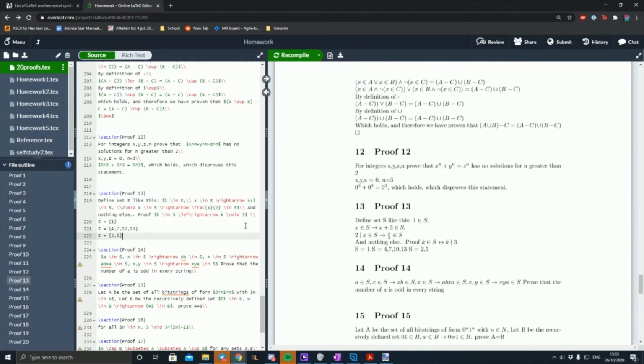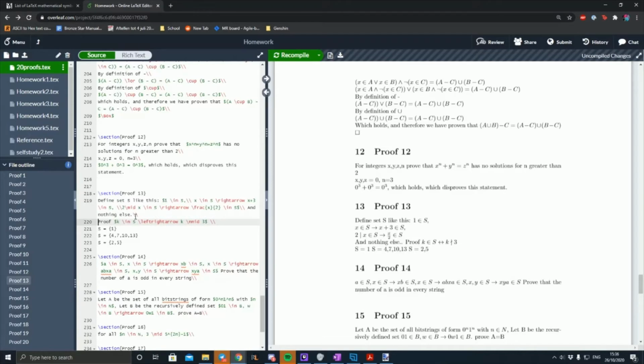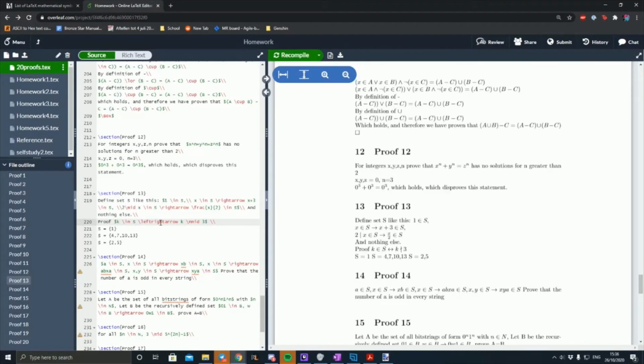So this basically contains all the numbers. Is that correct what I'm about to say? No, not all the numbers except the ones divisible by 2. Wait, the reason I'm stuttering here is because they say prove that x is in S if and only if x is not divisible by 3.